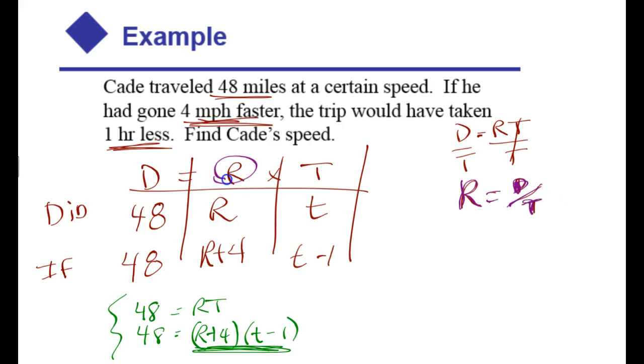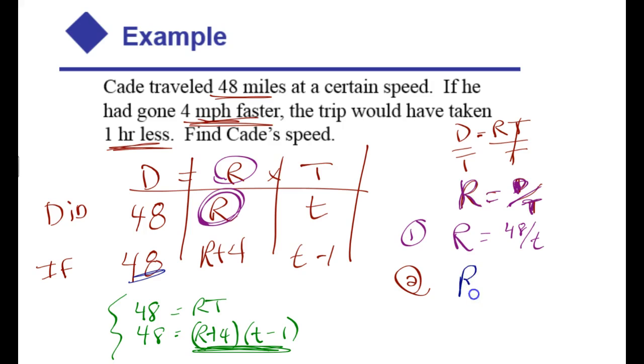Solving for this rate, I'll take the distance, which is 48, and divide by time. So that's one equation. And then the other equation would be its distance, which again is 48. No, the rate, which is r plus 4, should equal its distance, which is 48, divided by its time, t minus 1.